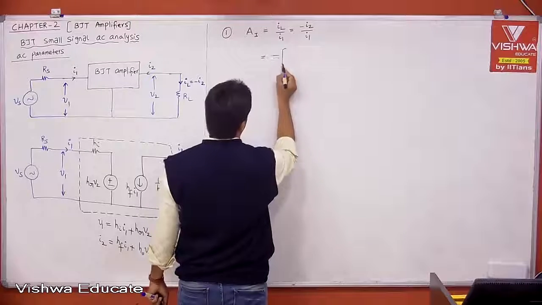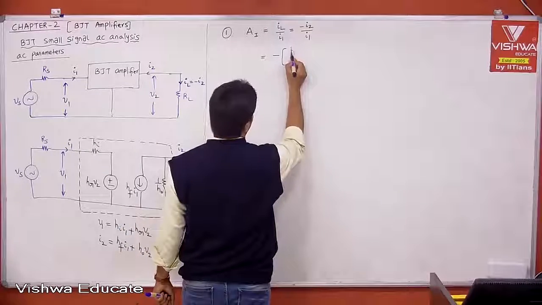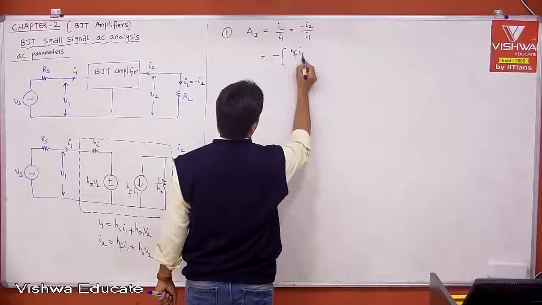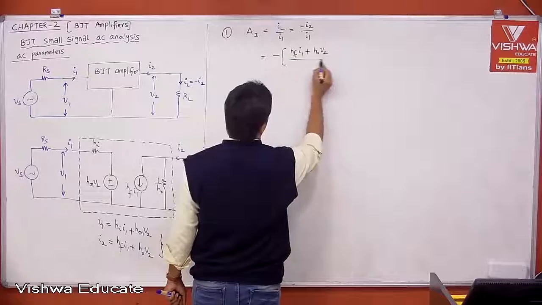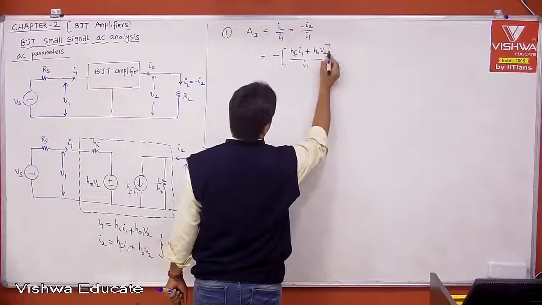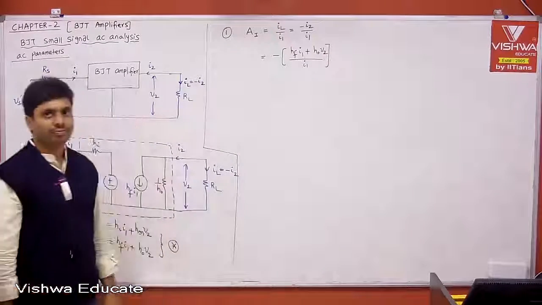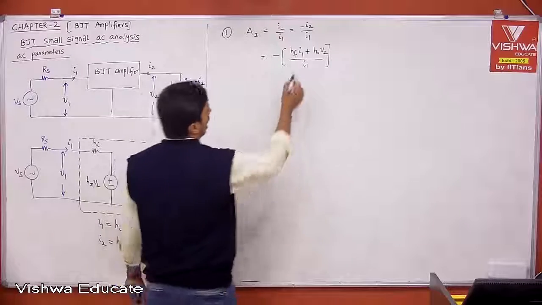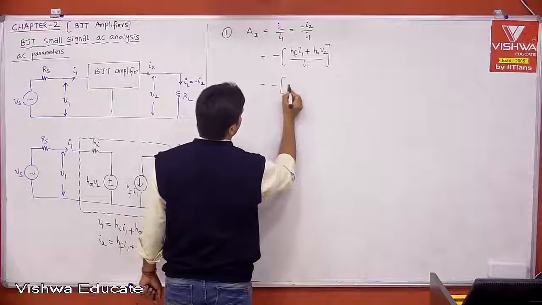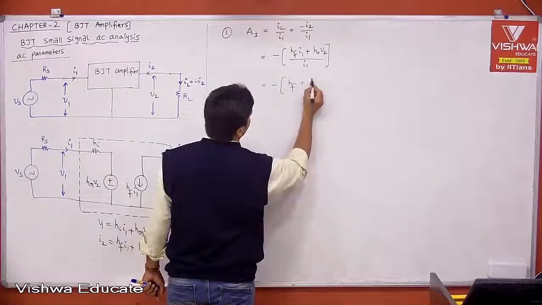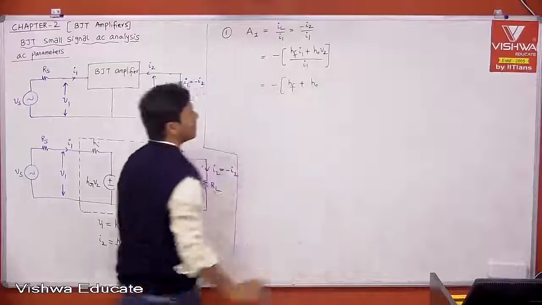Then minus I2 divided by I1 is minus HF into I1 plus HO into V2, divided by I1. Then I1 will be cancelled. This is simply minus HF plus HO into V2.